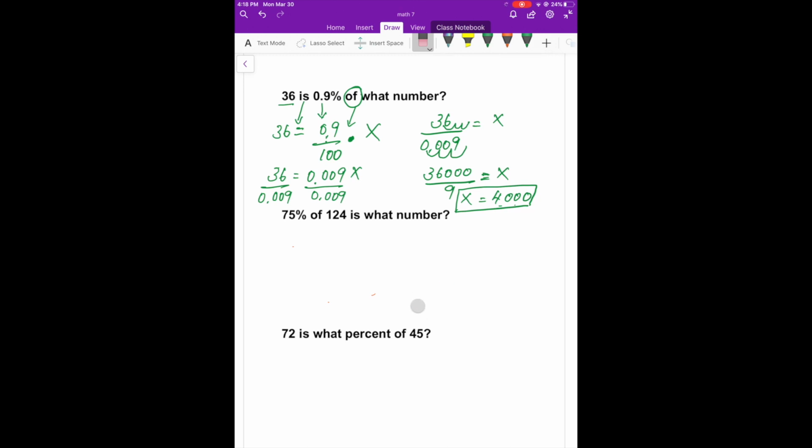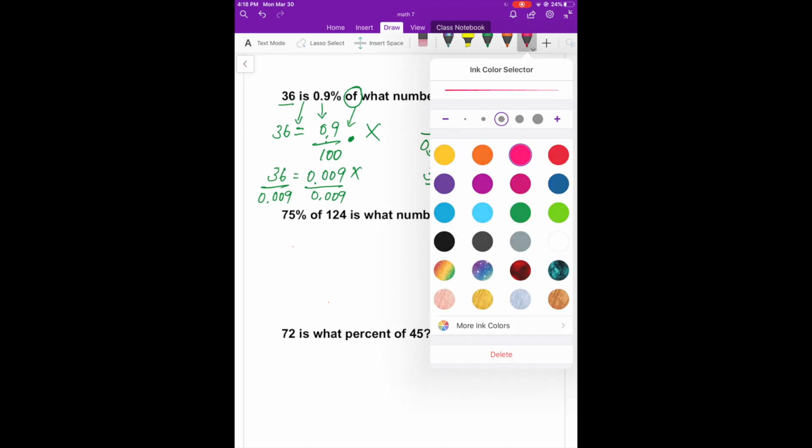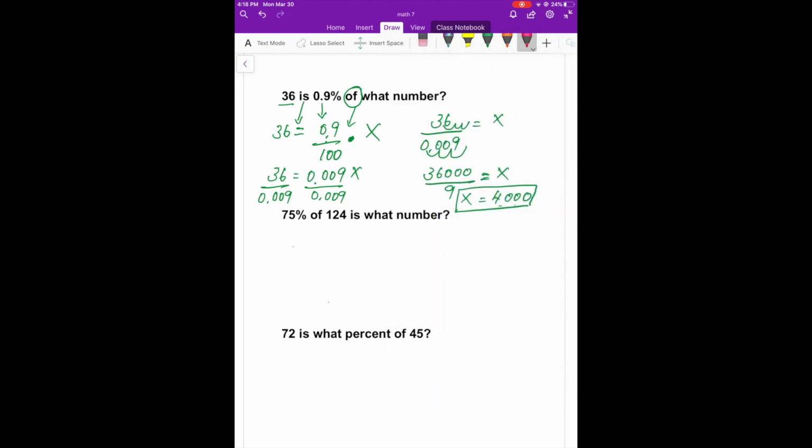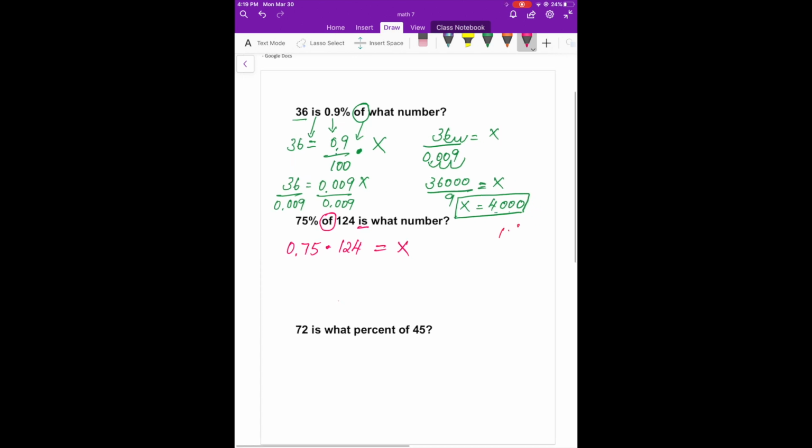So let's use equation. If you are using equation, 75% means 0.75, of means you multiply, 124. Is means equal to what number, x. So you just need to multiply 124 by 75.